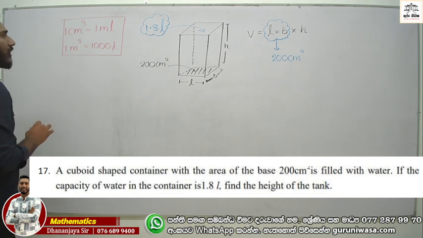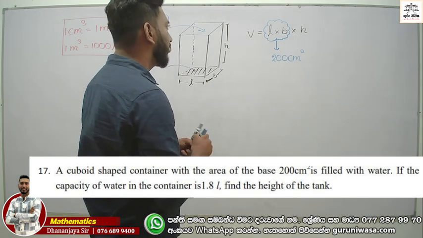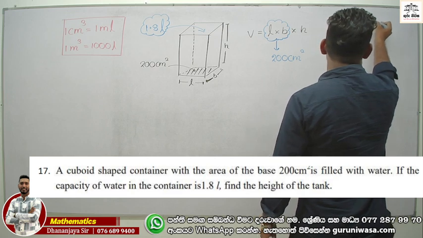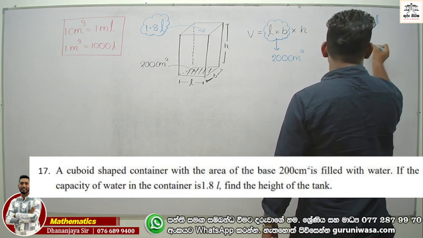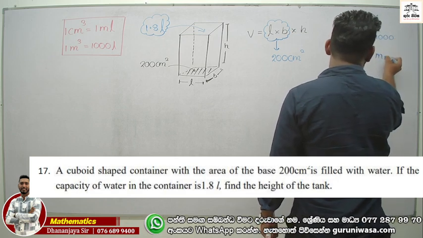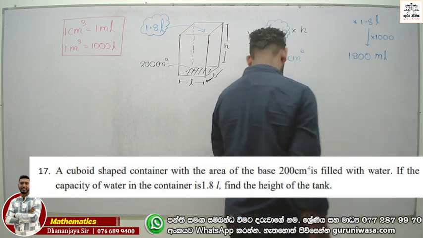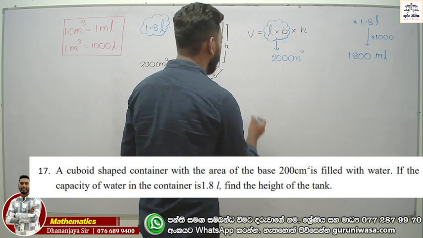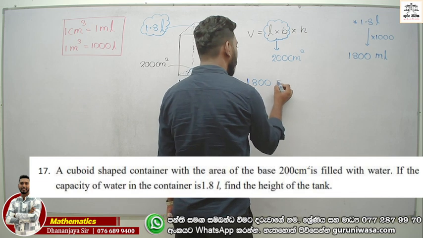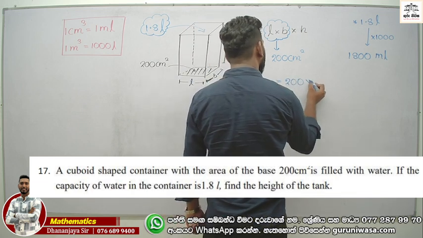Right? Now 1.8 liters, you can change by multiplying by 1000. Now it becomes 1800 milliliters. Now I'm going to write volume as 1800. This should be equal to 200 into h.